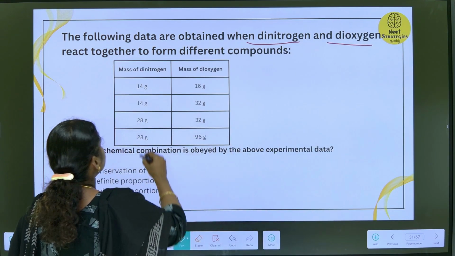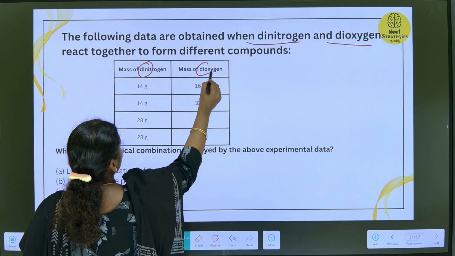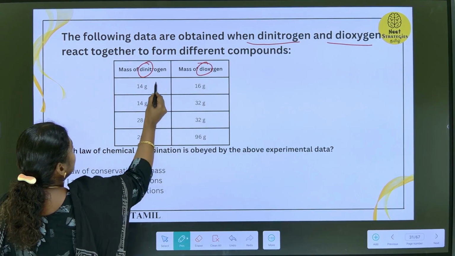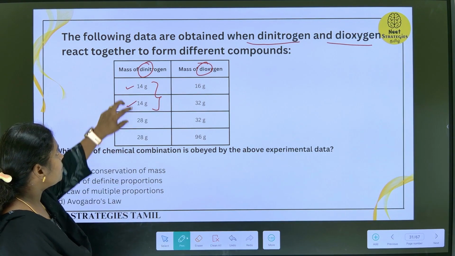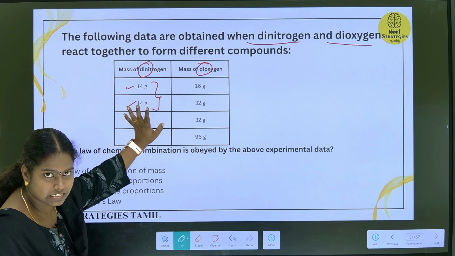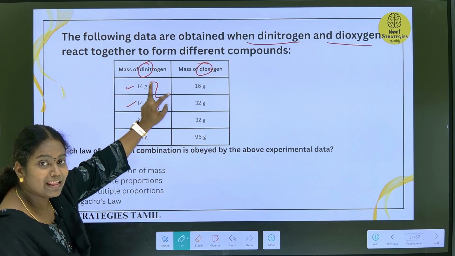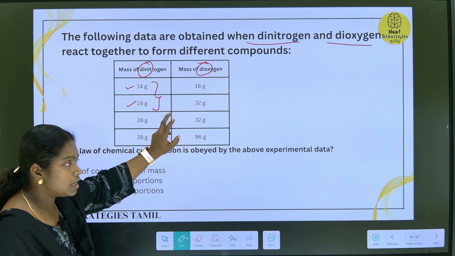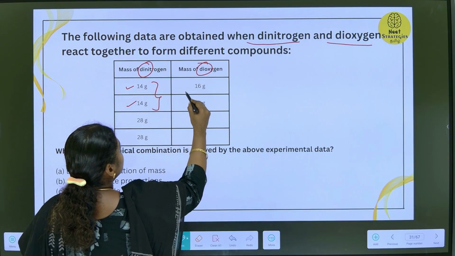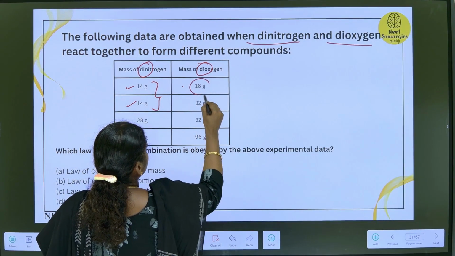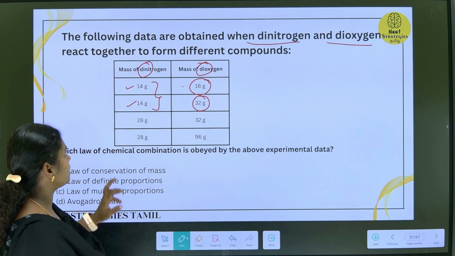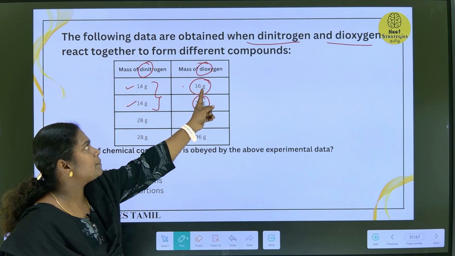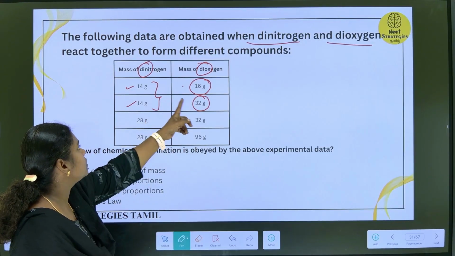This is the dinitrogen, here is dioxygen. Look at this, 14 is fixed. So one of the masses is fixed, and two elements combined together. So I got two different products. When dinitrogen combines with oxygen, look at the oxygen mass, 16 gram, another 32 gram.